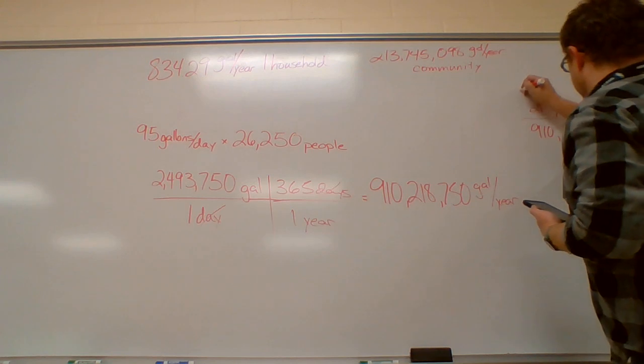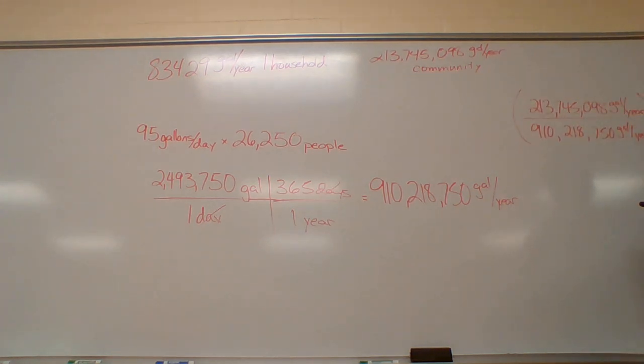So you divide that, multiply by 100, and then you get your percent. I think it's going to be about 20%. Let's see here. Big numbers. So about 23% is wasted.